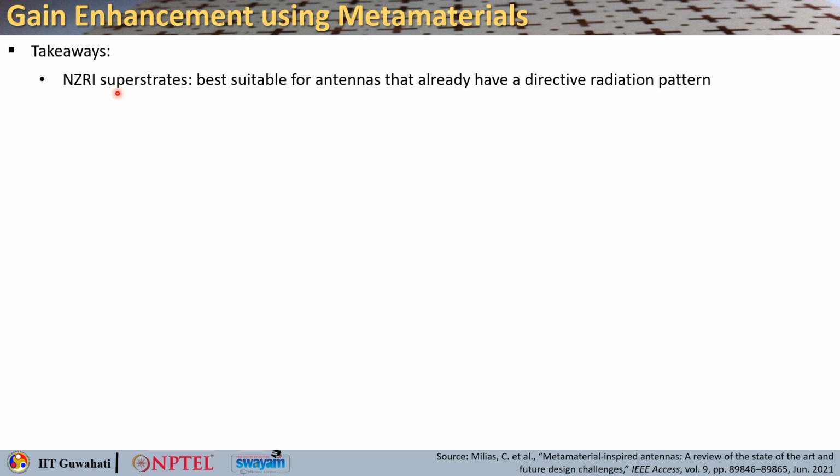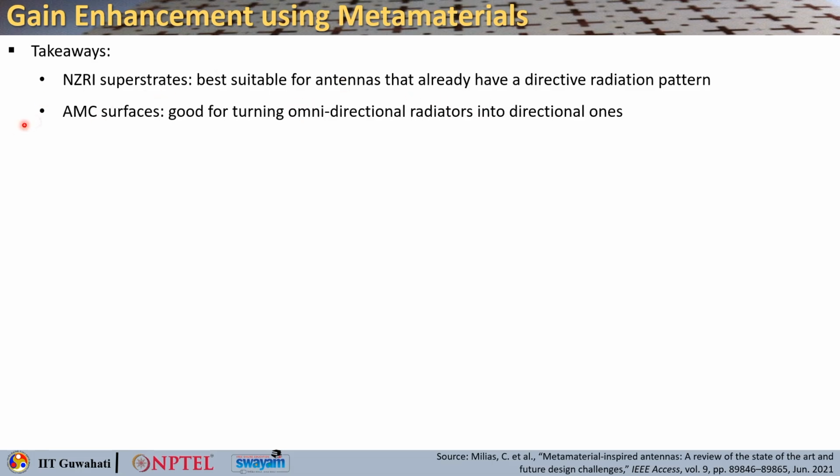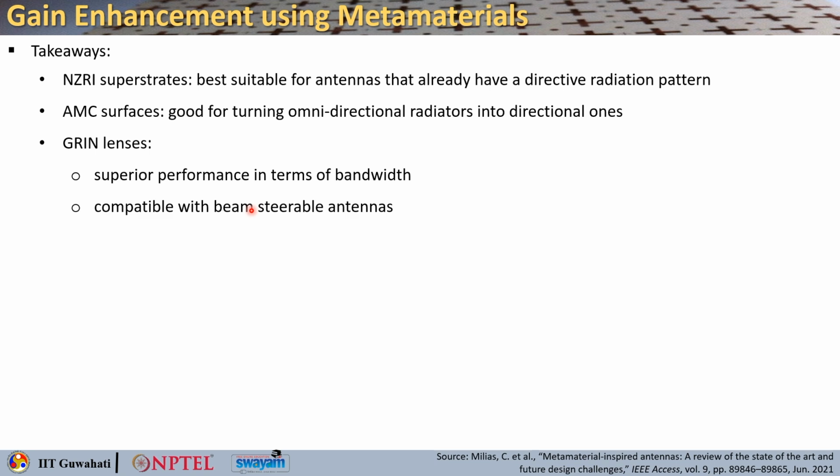So, what are the important takeaways here is that, when you use NZRI, that is near zero refractive index metamaterial as superstrate, they are best suitable for antennas that already have a directive radiation pattern. You can think of using AMC surfaces, okay, artificial magnetic conductor surfaces, which are good for turning omnidirectional radiators into directional ones, and then you can think of green lenses where they show superior performance in terms of bandwidth.